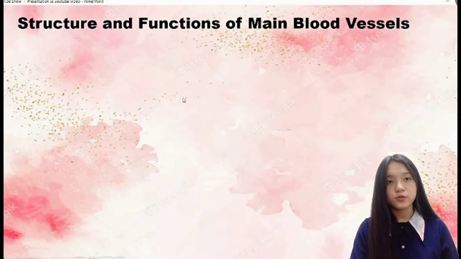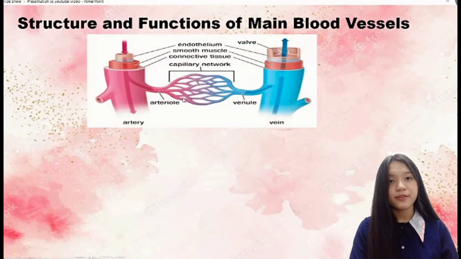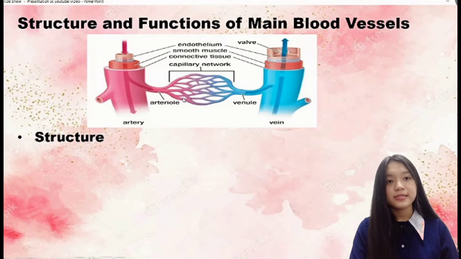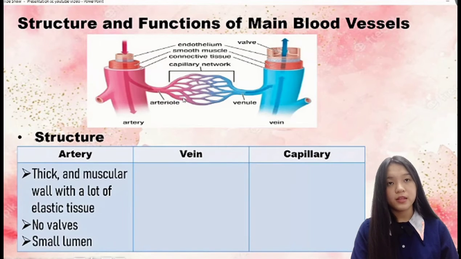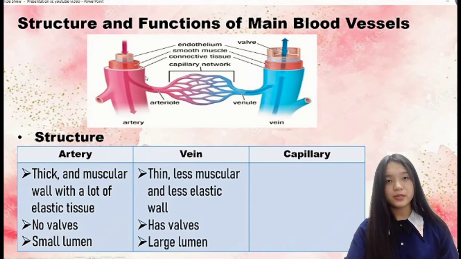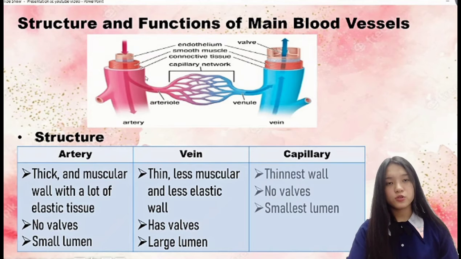Now, let's move on to the structure and the function of the main blood vessels. First, let us see the structure of them. The artery has a thick and muscular wall with a lot of elastic tissue. It doesn't have valves and has a small lumen. Next, the vein has a thin, less muscular, and less elastic wall. It has valves and a large lumen. Last, the capillary has a thinner wall.